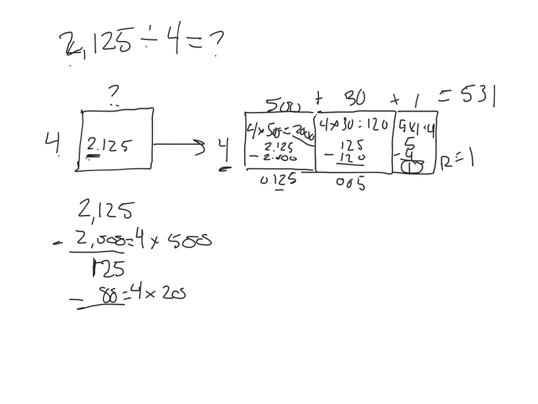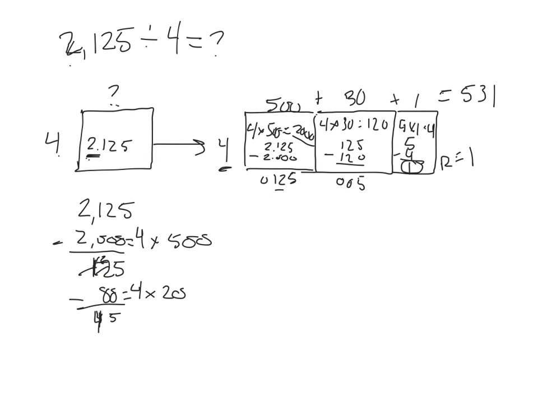And so then what I would do is 5 minus 0 is 5. And then I'm going to do 2 minus 8, which I can't do. So I'm going to do 12 minus 8, which is actually 4. So I still have 45 to go.